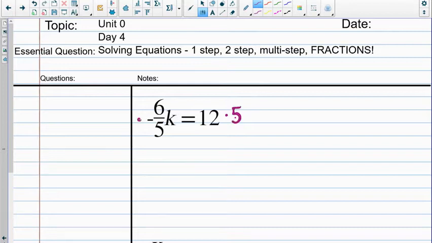So I'm going to multiply both sides by 5, and then I get rid of that 5 in the denominator. Now remember, when it's a negative, only one of these is negative. Either the negative is the 6 or the negative is the 5. So 12 times 5 is 60. I'm left with -6k equals 60. And then I'm going to divide by -6, and I get k equals -10.